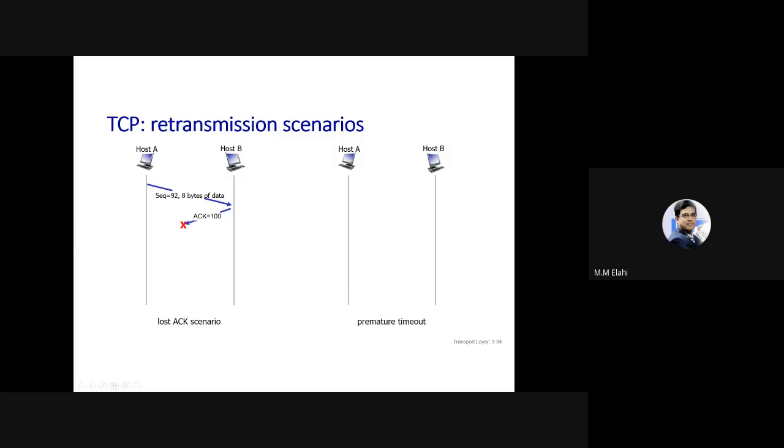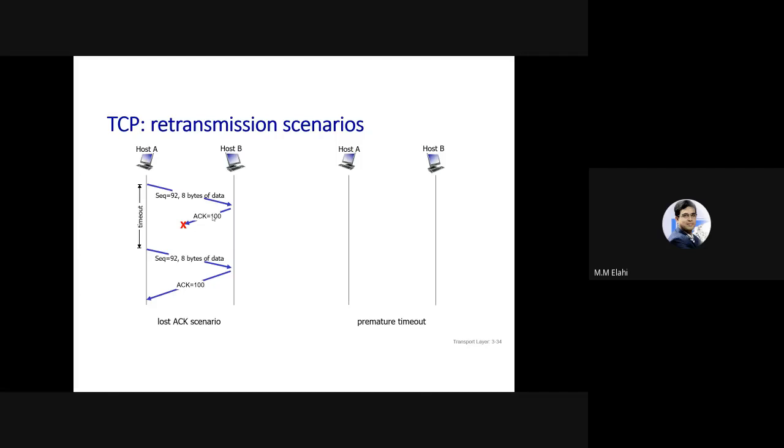So for example, if host A sends sequence number 92 and 8 bytes of data, that means starting from 92, 8 bytes of data, the acknowledgement will be 100, right? Very simple, 92 plus 8 equals 100. In the lost acknowledgement scenario, a timeout is definitely set, but if the acknowledgement is lost, then what will happen? After the timeout, the sender will retransmit. So a simple concept again, but in terms of sequence and acknowledgement.